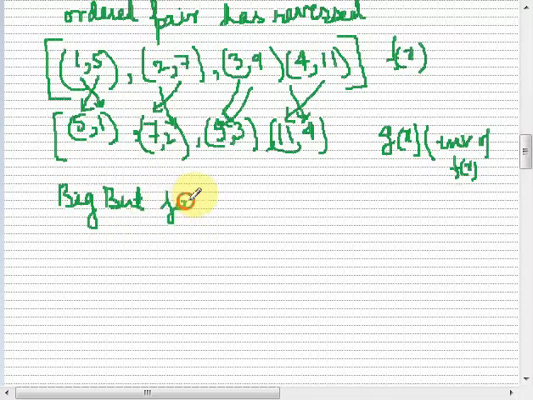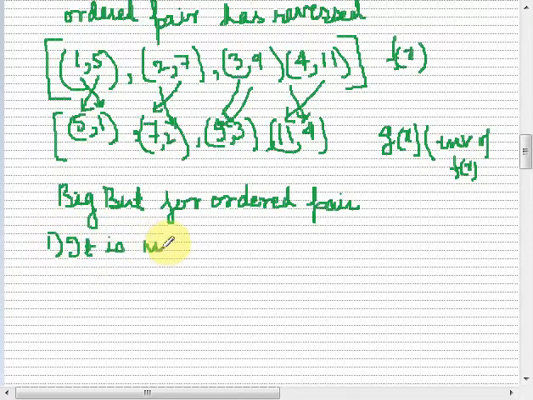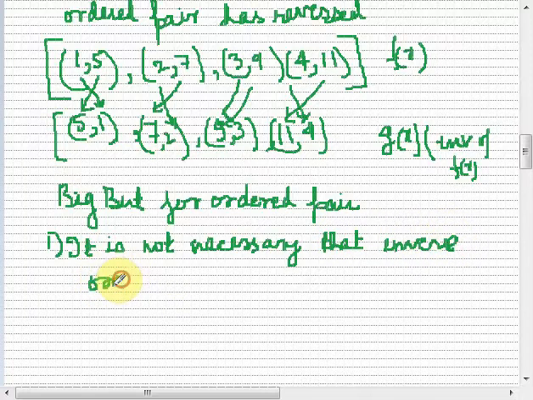For an ordered pair, it is not necessary that the inverse ordered pair is a function.